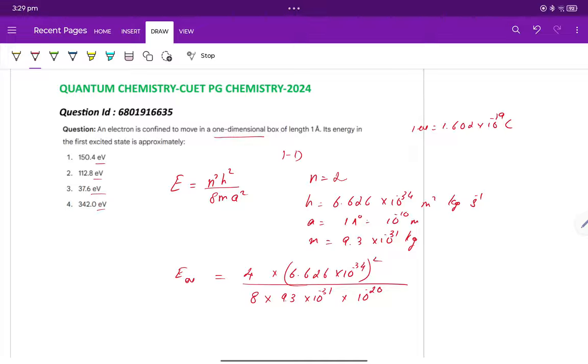Now to convert into electron volt, you should divide by 1.602 into 10 to the power of minus 19. That will be your electron volt.